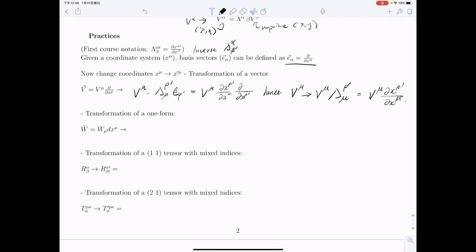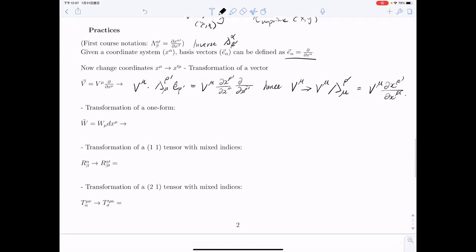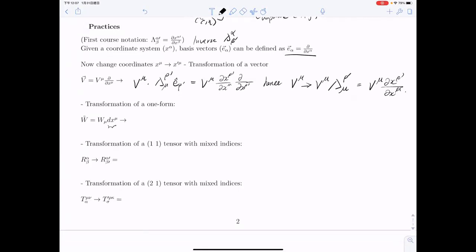Let's see. How about the transformation of a one-form? We just apply the inverse coordinate transformation matrix. If you may be confused, this is just the dual basis. After the coordinate transformation, it will have this.